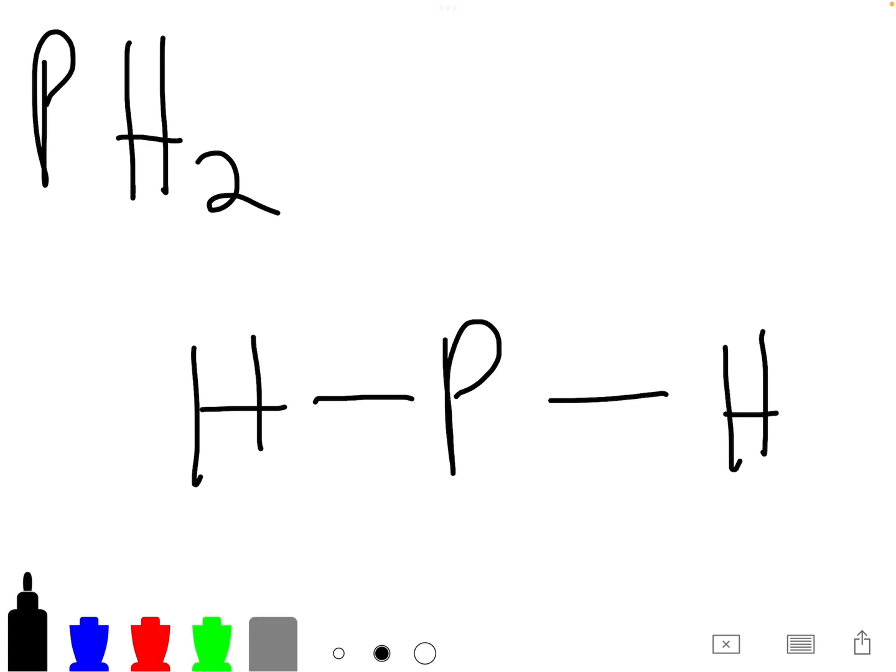So it just looks like that. And, hold on, this has more electrons. So it'll look just about like that. That is your Lewis structure.